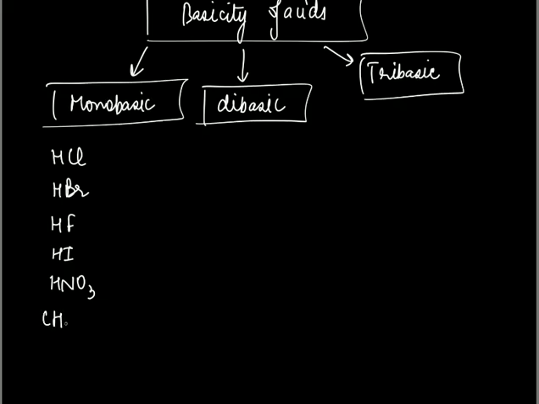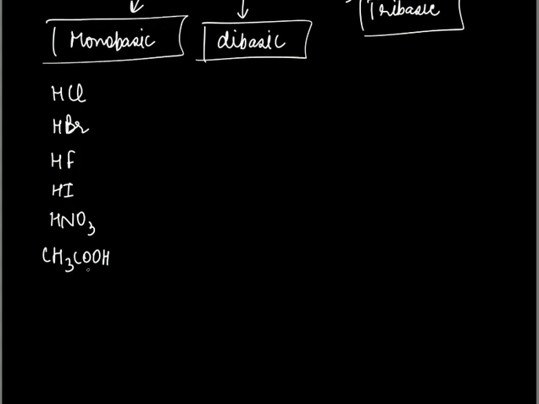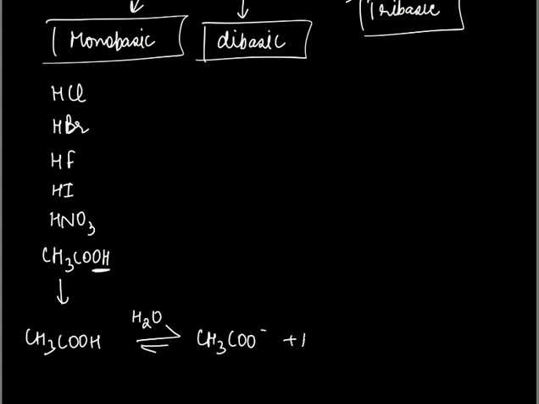We have our organic acid, CH3COOH. Acetic acid is also monobasic because of this particular group. If you see over here, CH3COOH, I think I took this with formic acid in the last video. So CH3COO minus and H positive ion.